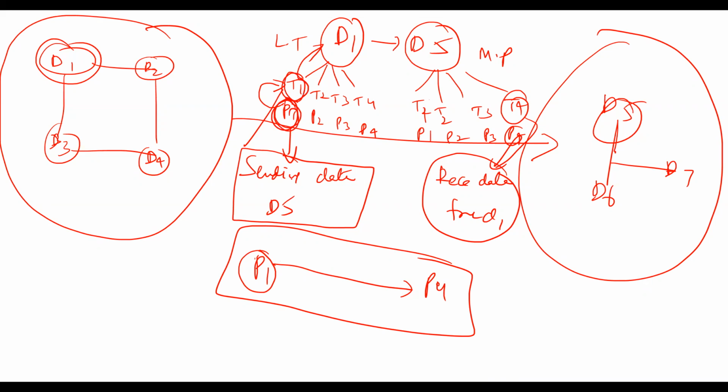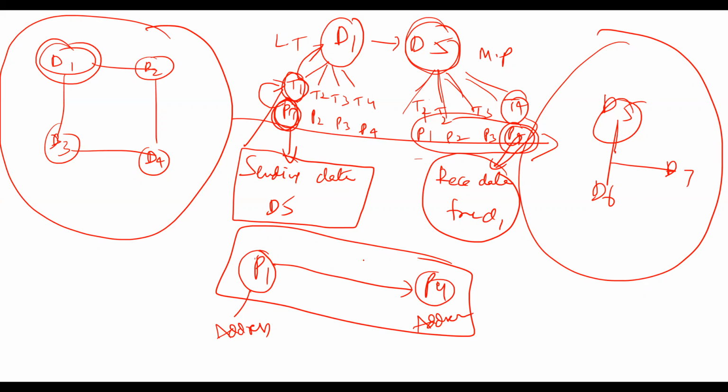In this context, process 1's responsibility is to complete task 1, that means sending data to D5. When the data is transmitted from D1 to D5, in D5 we have multiple processes. Among those multiple processes, who will take care of receiving the data? P4 in our example. That means process 1 also has an address, and process 4 also has an address.